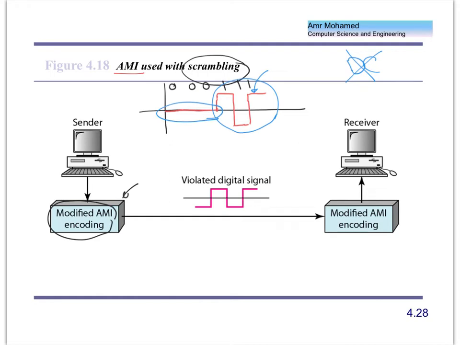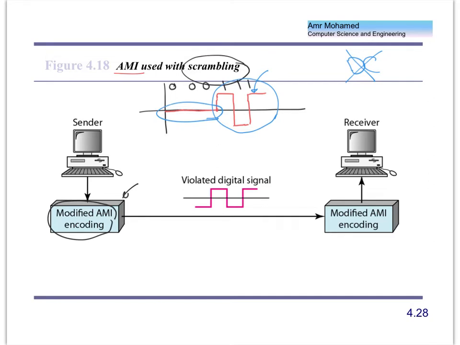So AMI has the issue of baseline wandering for the case of consecutive zeros, and it has a lack of self-synchronization again for the case of consecutive zeros. In other words, the main problem and the only problem with AMI is the consecutive zeros. Consecutive ones are no problem whatsoever. So the problem now is clear.